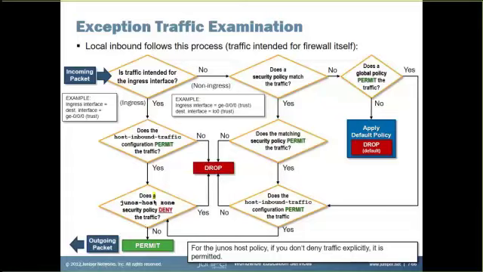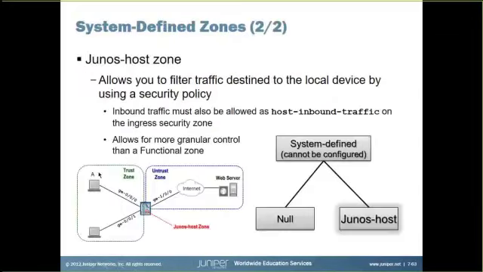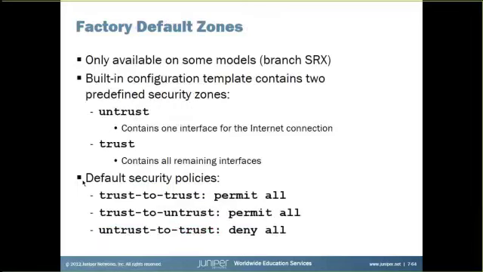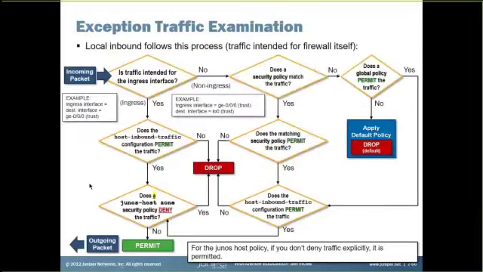Going back to that diagram, if A is trying to SSH into JNCIE 000, that traffic will have to pass the host inbound traffic associated with the trust zone, and will also have to pass the security policy from zone trust to zone Junos-Host. So two different places where you can block that traffic.